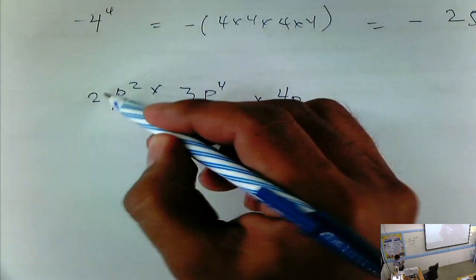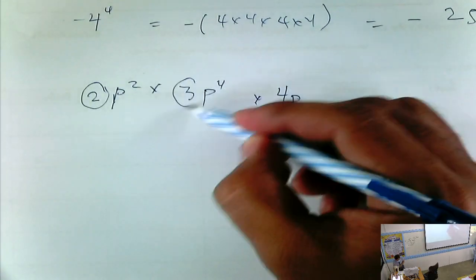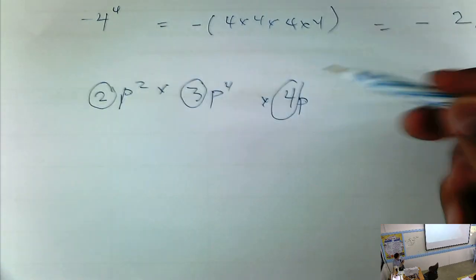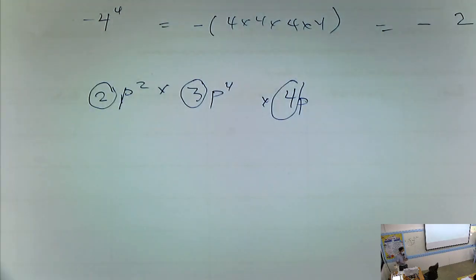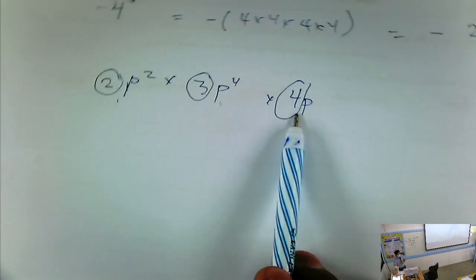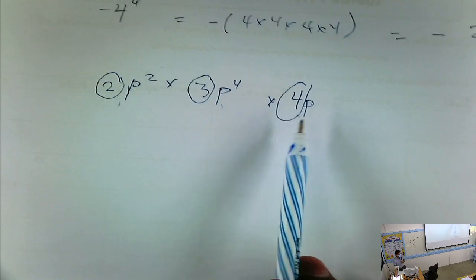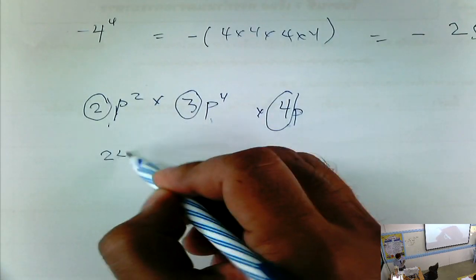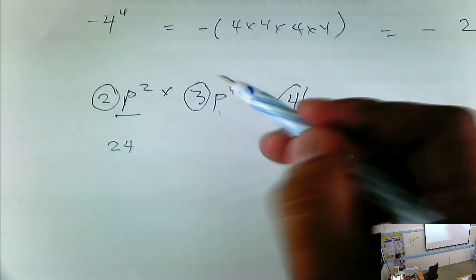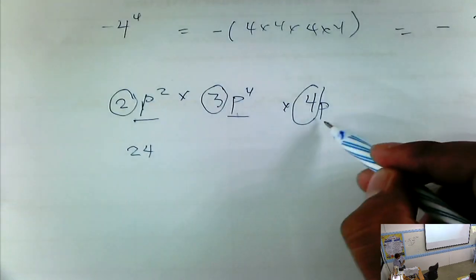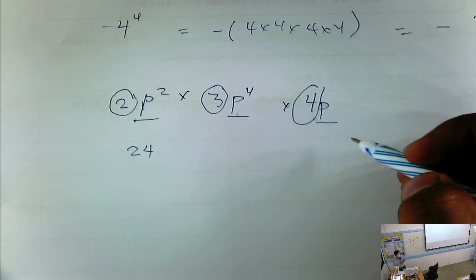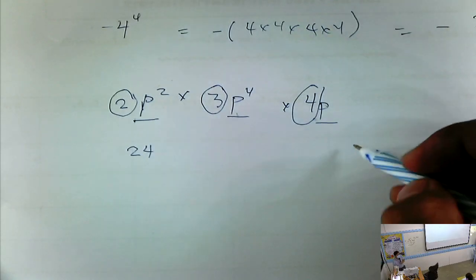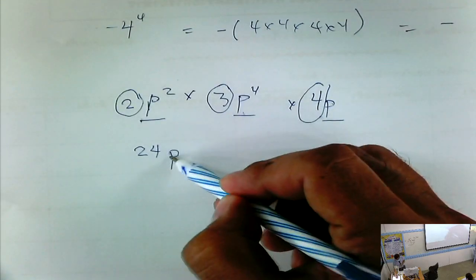What you're going to do, these coefficients, these numbers, you are going to multiply. What is 2 times 3 times 4? That is 24. Now, p to the power of 2 times p to the power of 4 times p. The base is the variable p.